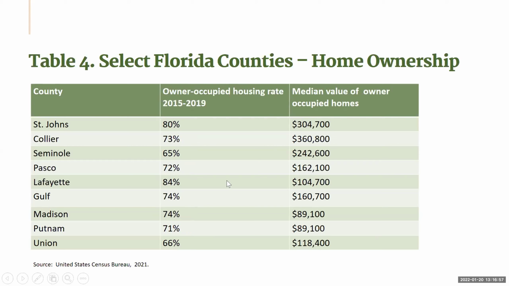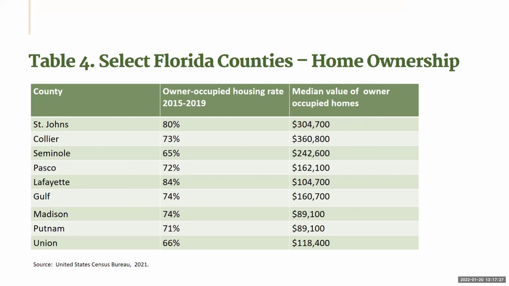For home ownership, which is an environmental determinant, the owner-occupied housing rate in St. Johns County is 80%, and in Union County it is 66%. The median value of owner-occupied homes ranges from $243,000 to $361,000 in the higher ranked counties.